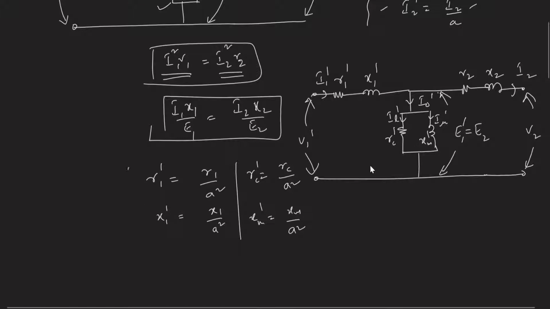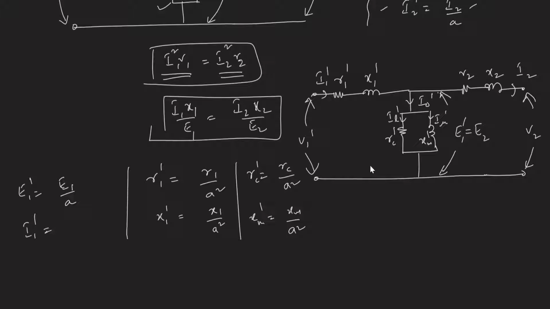Whereas the voltages: E1 prime is equal to E1 by A, and I1 prime is equal to A times I1, reverse of the secondary side components, right? So this is how the parameters can be shifted from primary to secondary, and secondary to primary.